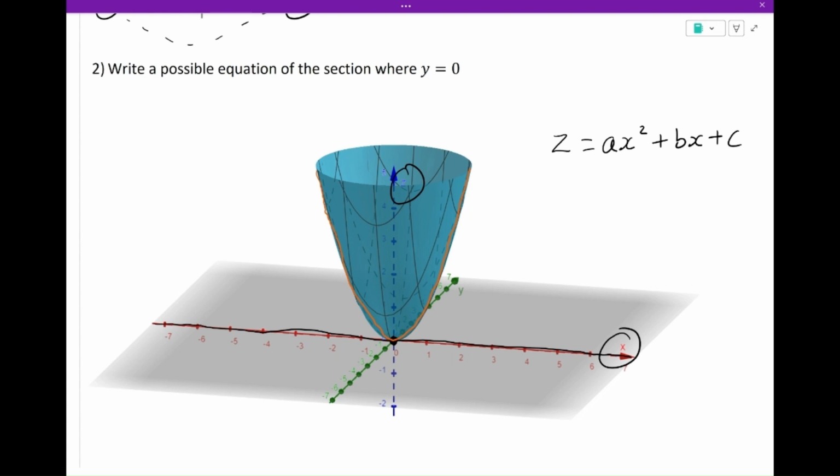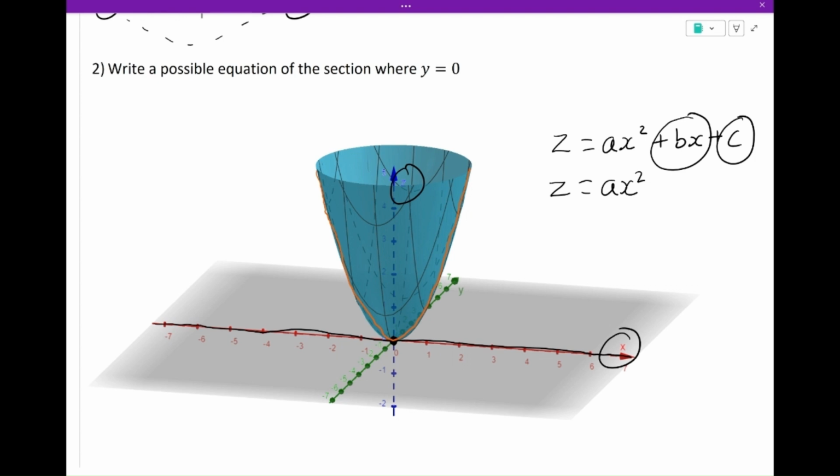If we look at what's going on here, the turning point is at the origin. If that's the case, your value for b will be 0. And if the turning point is at the origin, the y-intercept is also going to be 0, so c is also going to be 0. So I'm left with z is equal to ax squared, and that is a possible equation for this section.